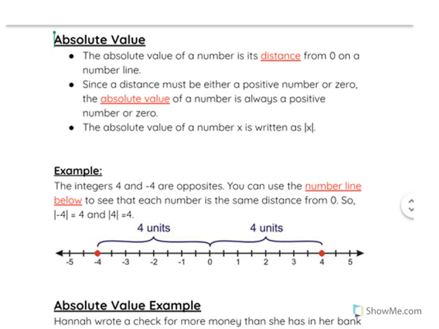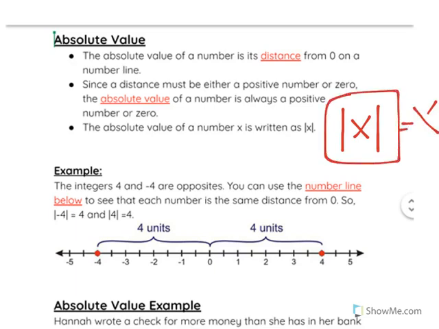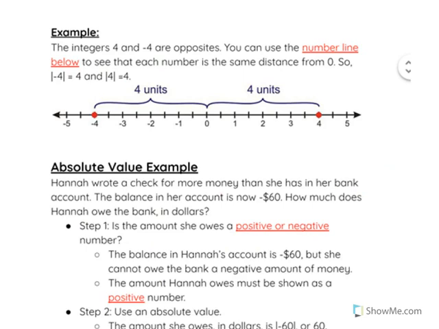The absolute value of a number x is written as x inside of these brackets. These are called the absolute value brackets, and inside of it is your number. So this reads the absolute value of x, and it would be positive x. All right, so let's look at the example. The integers 4 and -4 are opposites.